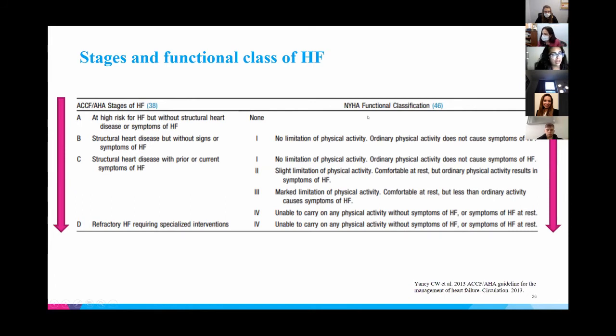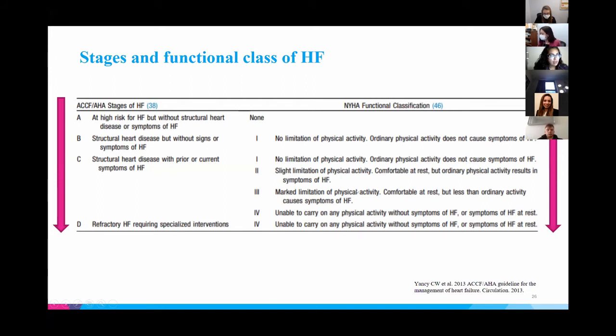NYHA functional class, which is 1 to 4, is essentially based on limitation of physical activity. Class 1 doesn't have any limitation of physical activity, 2 has slight limitation, 3 has marked limitation, and 4 is really unable to carry on physical activity without symptoms. Here, with NYHA functional class, you can go back and forth on the scale.